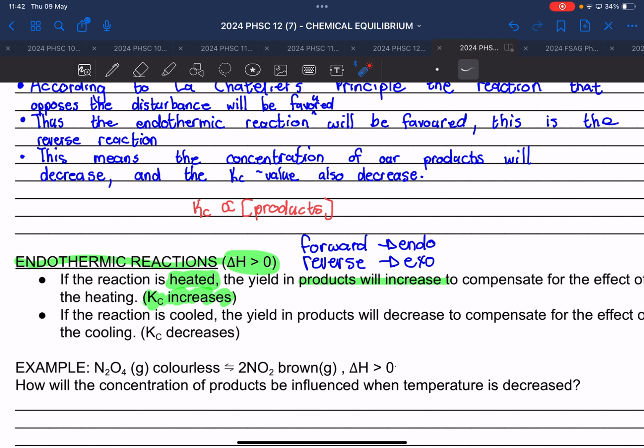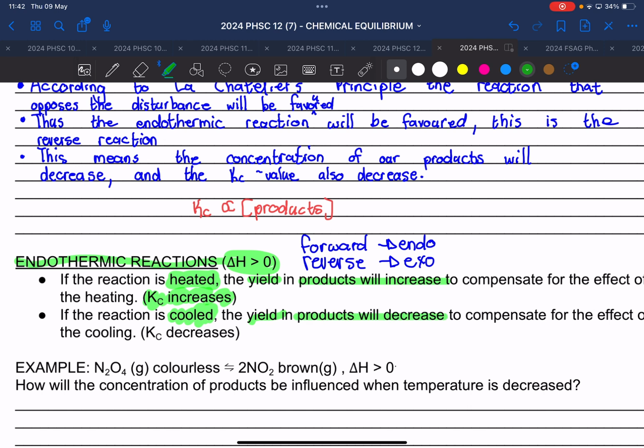So our forward reaction will be favored. So our forward takes our reactants and turns them into products. So our products will increase. Last one, if the reaction is cooled, if we take away heat, if we take away temperature, the yield of our products will decrease.